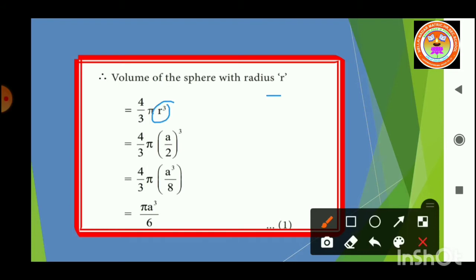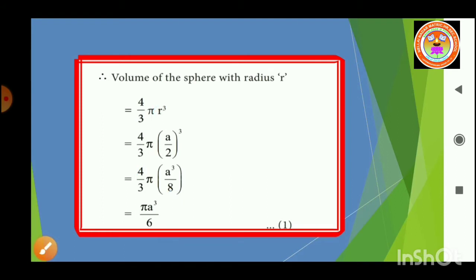So 4 by 3 pi, a into a into a becomes a cube, and 2 into 2 into 2 becomes 8. So 4 by 3 pi a cube divided by 8. Cancelling, it becomes pi a cube divided by 3 into 2, that is 6. So the volume of the sphere with radius r is clear now.